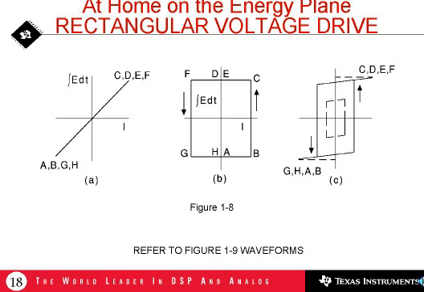And let's say we start at point B at the very beginning of a positive half cycle. So we have 10 volts now applied to this 1 ohm resistor. What's the current going to be through that resistor? Well, throughout that entire positive half cycle, the current must be 10 amperes.